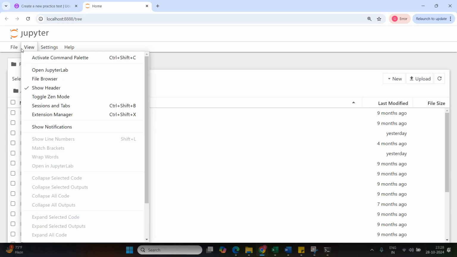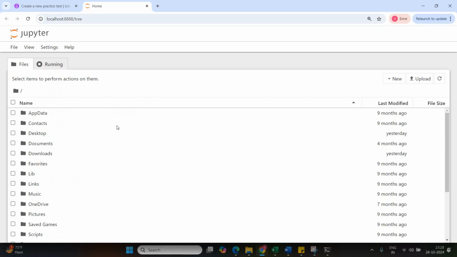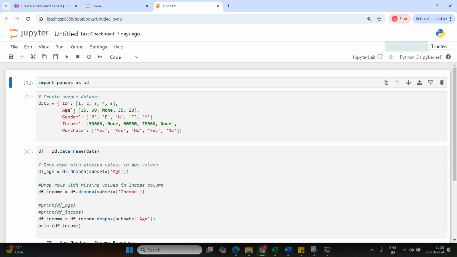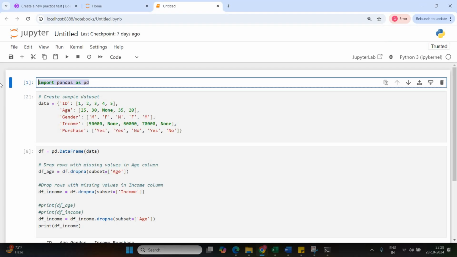Let me close this. So here you go. I'm just going to open the previous files. Yeah, untitled, this one. Let me open this. This has been opened now in Jupyter Notebook, and let me just remove all these things which I have created.